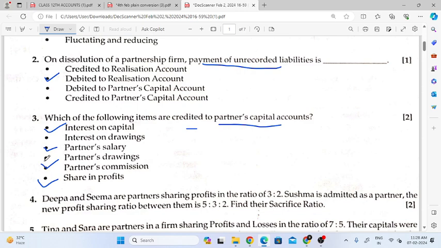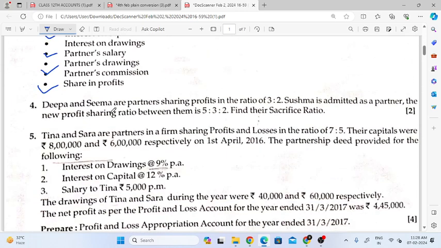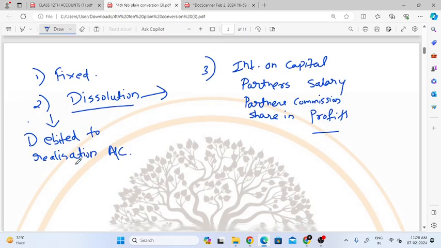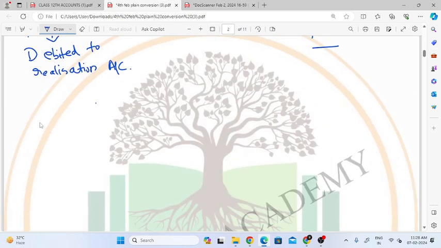Then the next question, question number 4: Deepa and Seema are partners sharing profit in the ratio of 3:2.